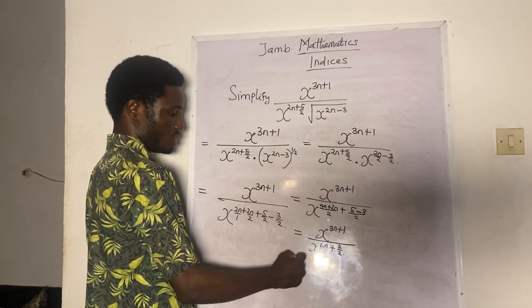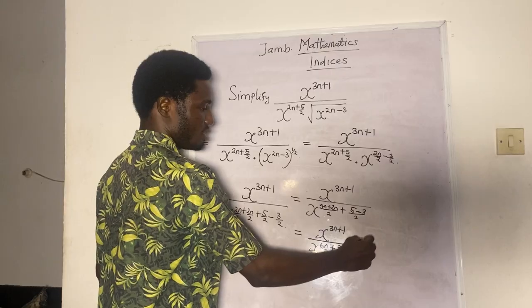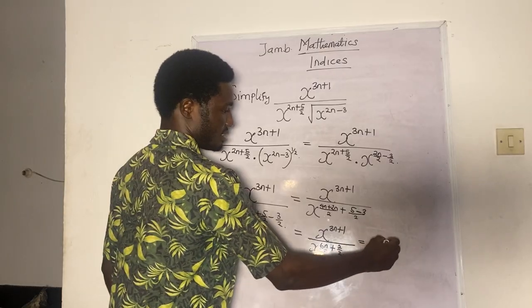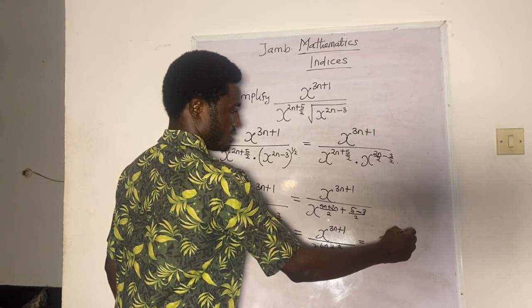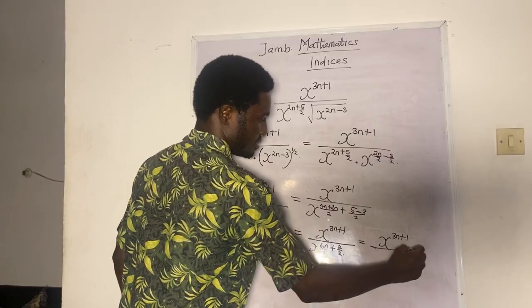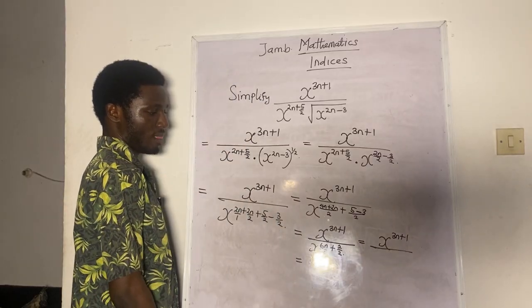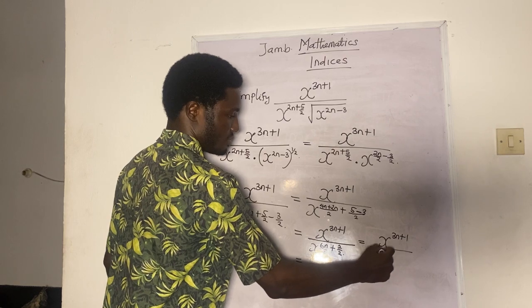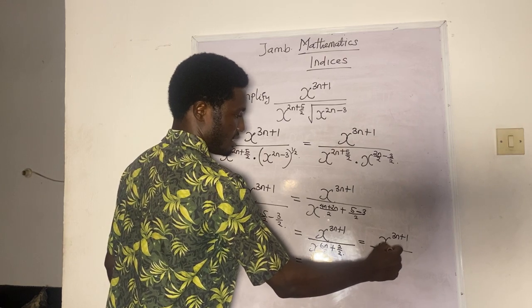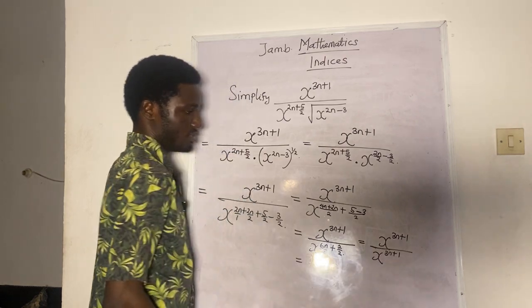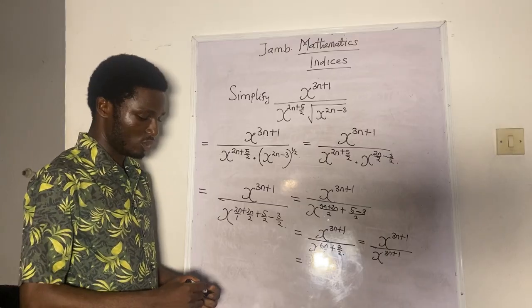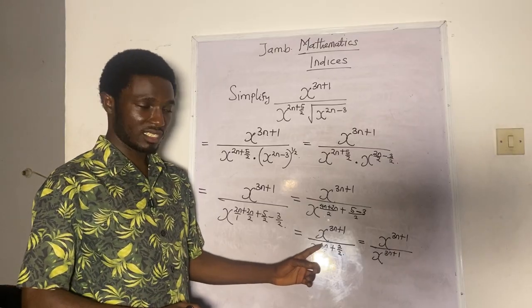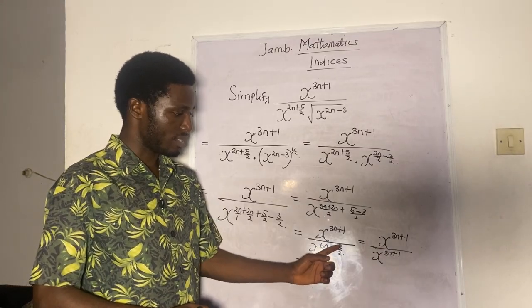So that will give us x to the power of 3n plus 1 over x to the power of 3n plus 1. If you look at that carefully, we'll see that 2 can divide 6 to give us 3. 2 divided by 2 is 1.